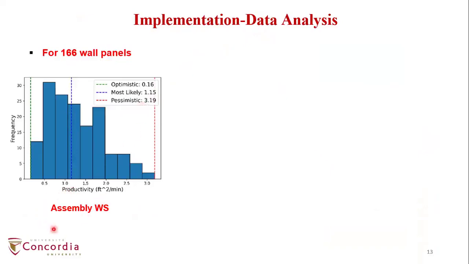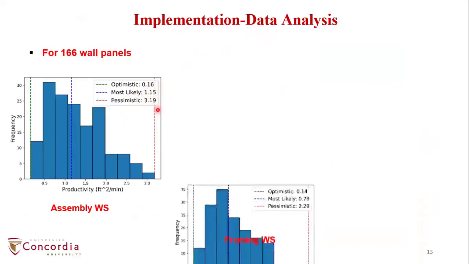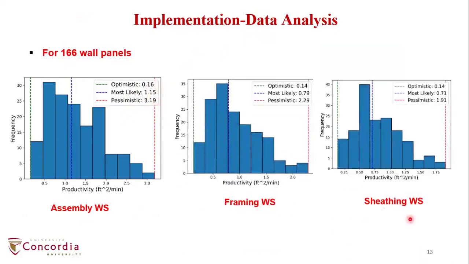For example, for the assembly workstation, we found the optimistic, most likely, and pessimistic productivity to be 0.16, 1.15, and 3.19 square feet per minute respectively. Similarly, for the framing and sheeting workstations, we determined the productivity values.